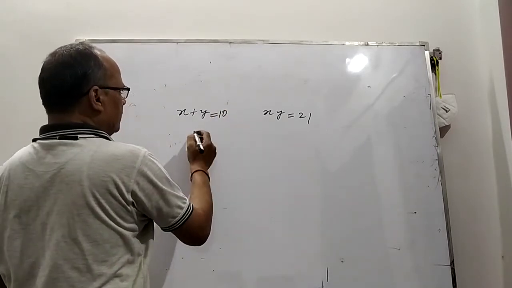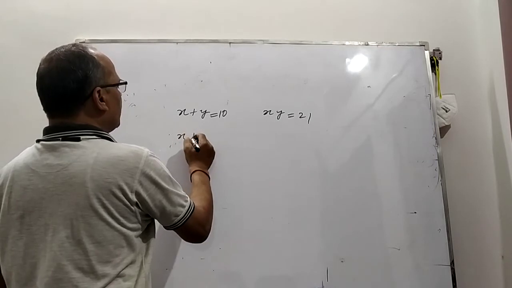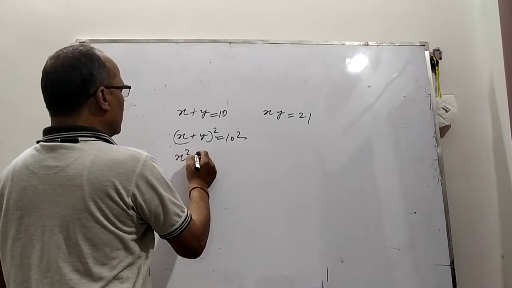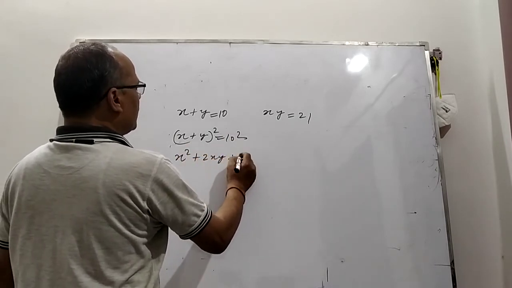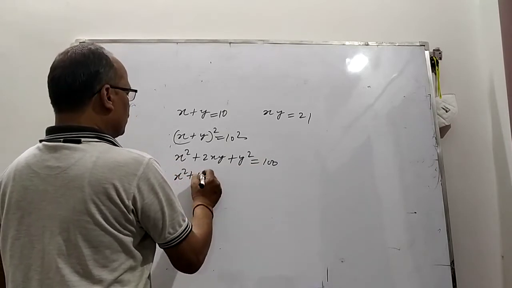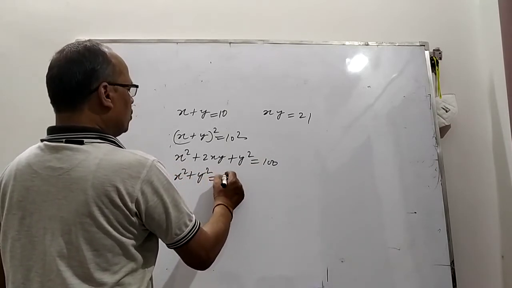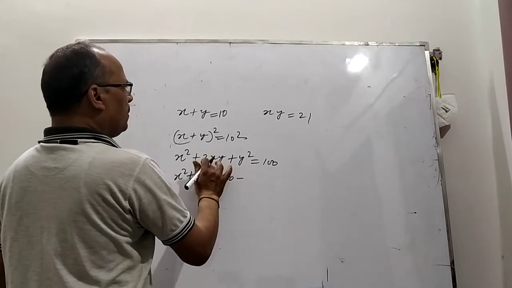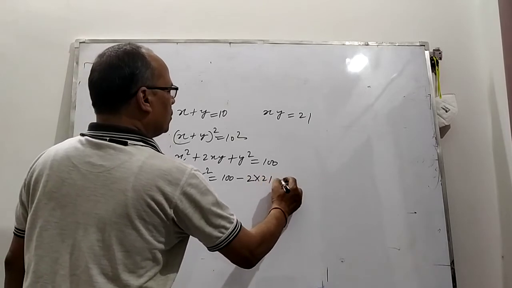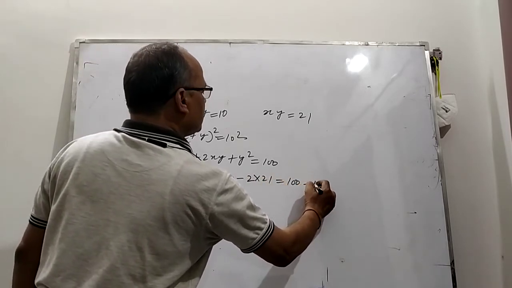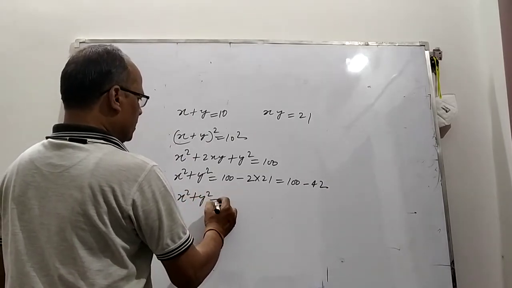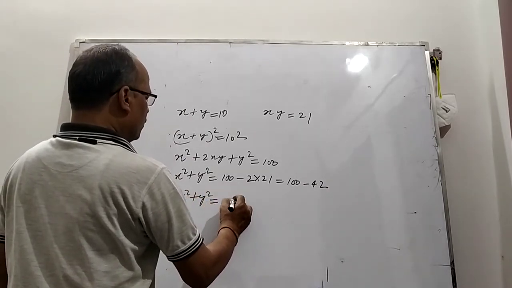Squaring on both sides, x plus y whole square equal to 10 square, x square plus 2xy plus y square equal to 100, x square plus y square equal to 100 minus 2xy, so 2 into 21, so 100 minus 42, x square plus y square equal to 58.